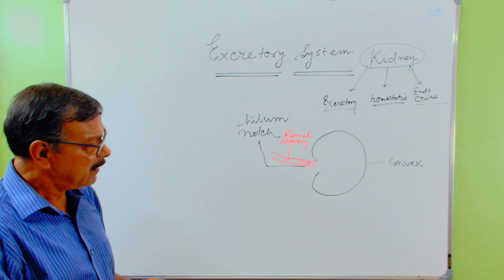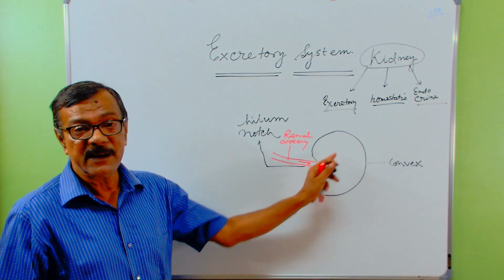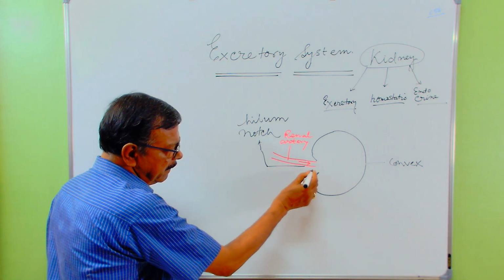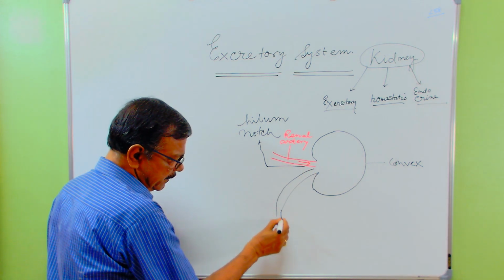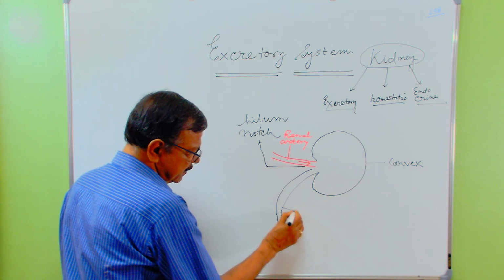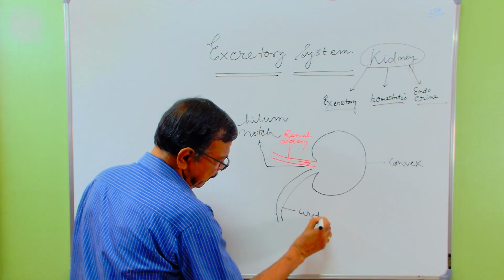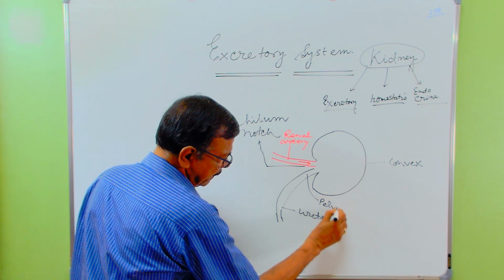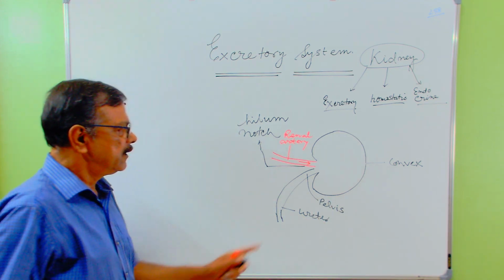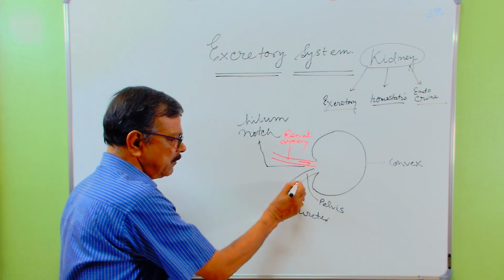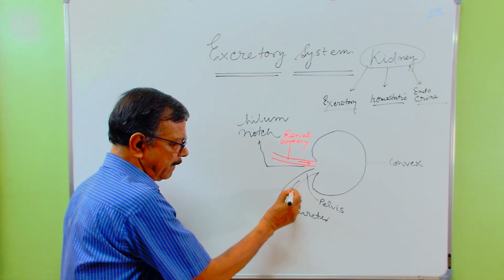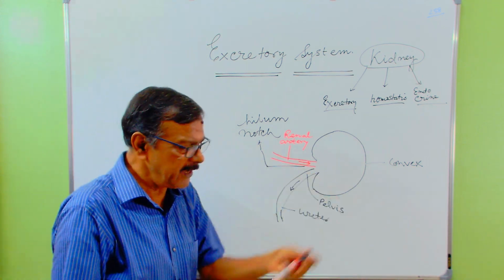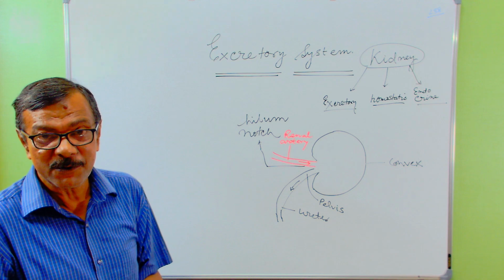Now, whatever is produced, that is urine, the urine comes out from here. It's called the ureter. This area is known as the pelvis. So, it is coming out. Only urine is coming out. Blood is going in, so blood should come out.